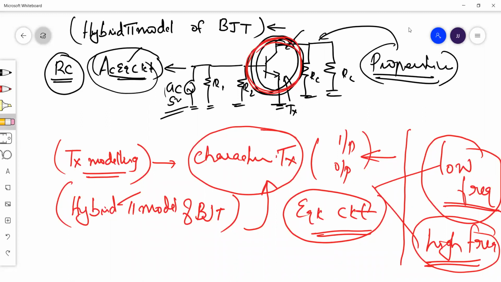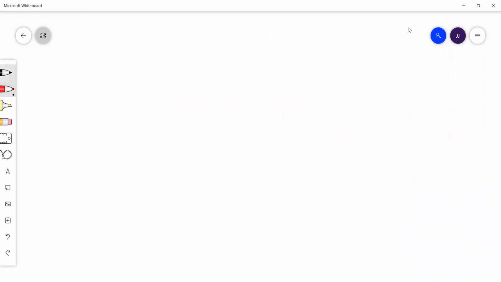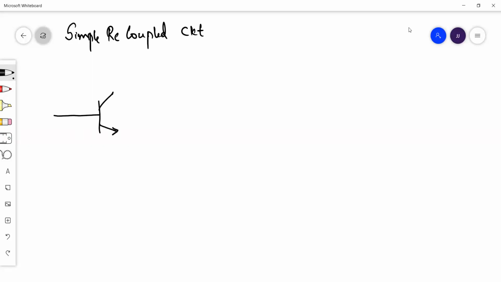Next, I am just introducing a simple circuit, a simple RC coupled amplifier circuit. The transistor is here. Then the emitter resistance is here, the collector resistance is here. Next, I am introducing one resistor over here.